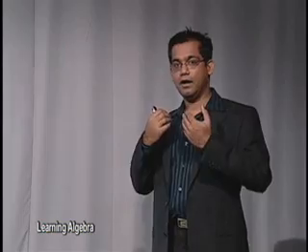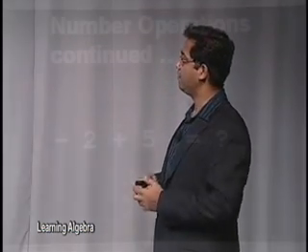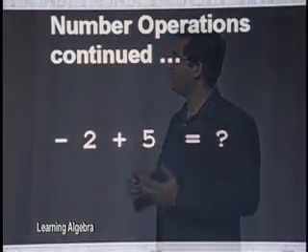How do we derive balance out of it? And how do we look at an expression in terms of balancing it out? That's what this example will be all about. So let's see this example. -2 plus 5 equals what?